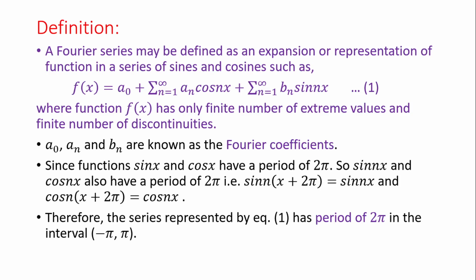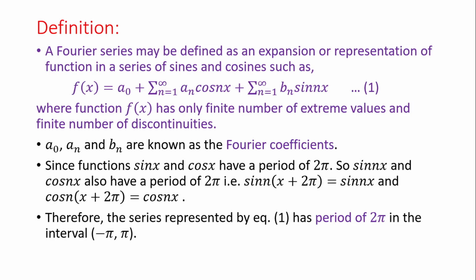In other words, if the function f(x) has an infinite number of extreme values or an infinite number of discontinuities, it cannot be represented by equation 1. So the condition is that f(x) has a finite number of extreme values and a finite number of discontinuities.